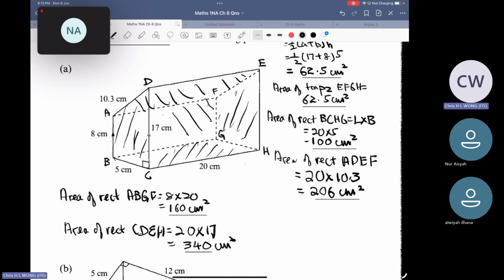Okay, the rest please help me to check. Total area, I'll just put 931 cm square.